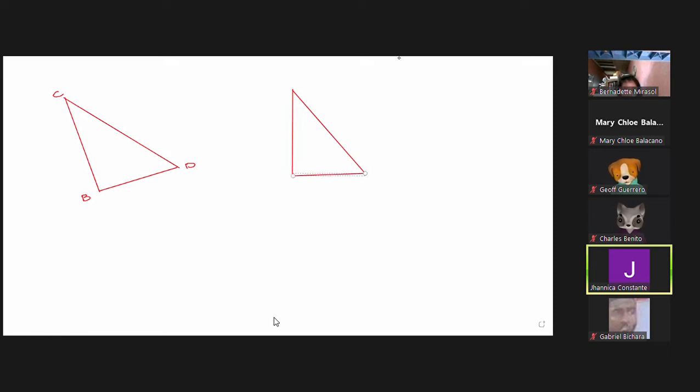And we have triangle. For example, this is the two triangles that we have.